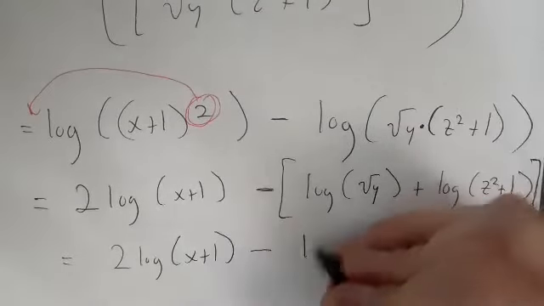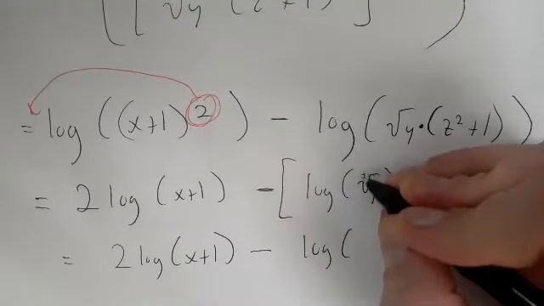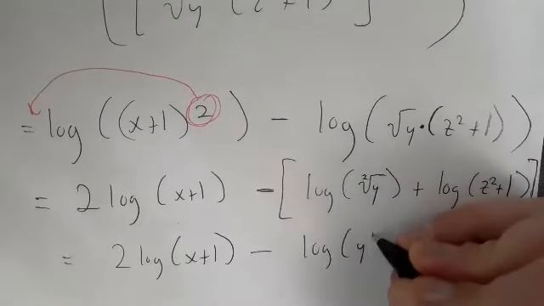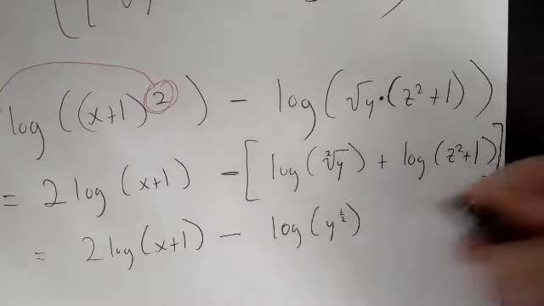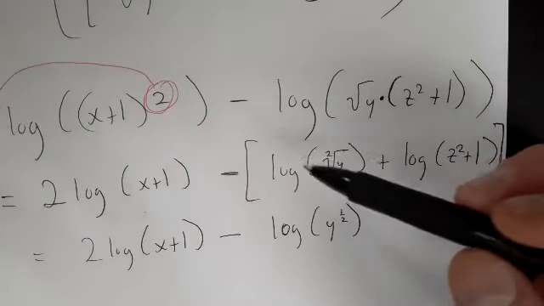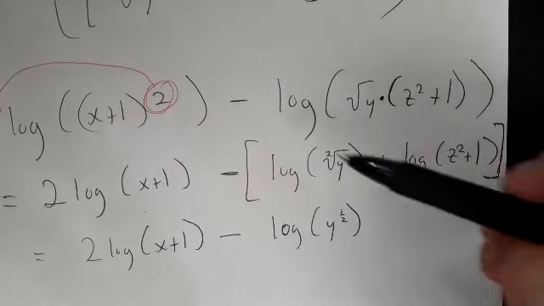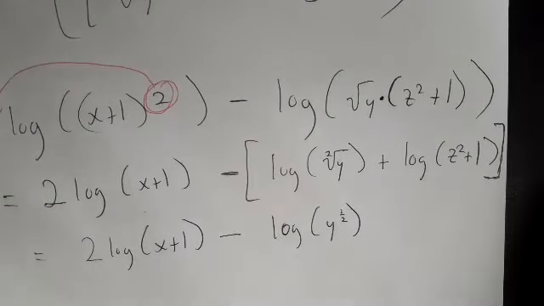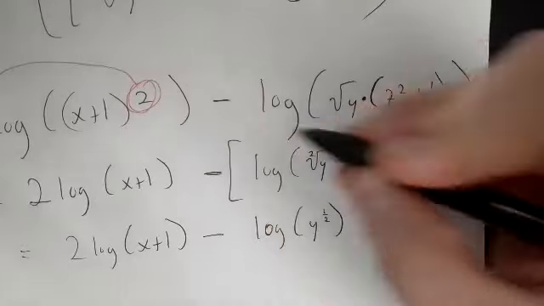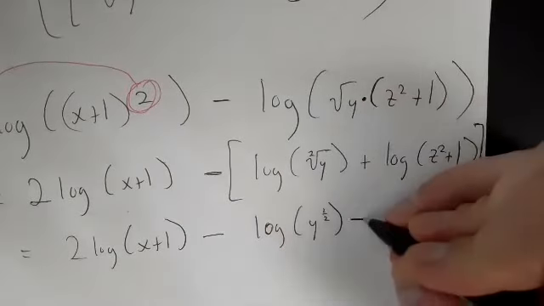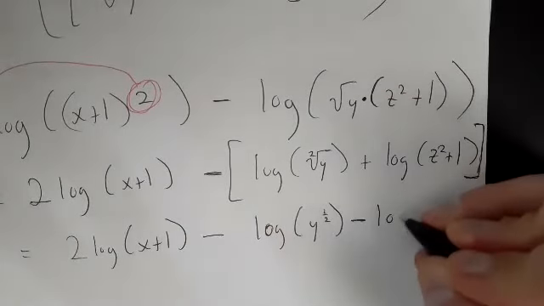I'm going to rewrite this as log of y to the 1/2 power, because I know in the book they're probably going to do that. We haven't really gone over too much about writing radicals as fractional powers. But doing square roots is like we have y to the 1/2 power. I'm going to distribute the subtraction, so this should also be subtraction.